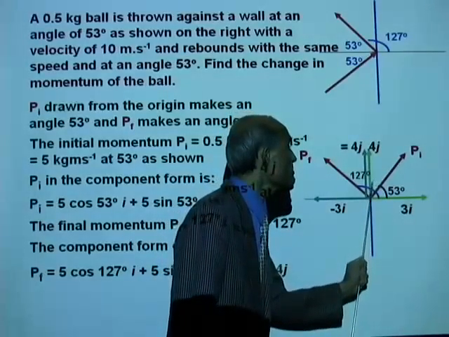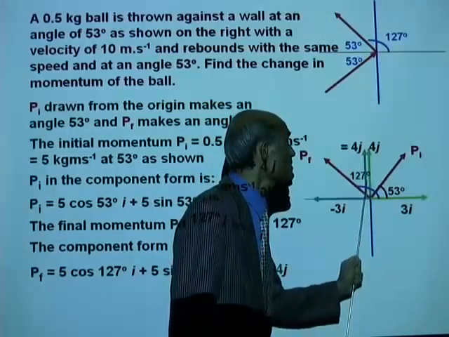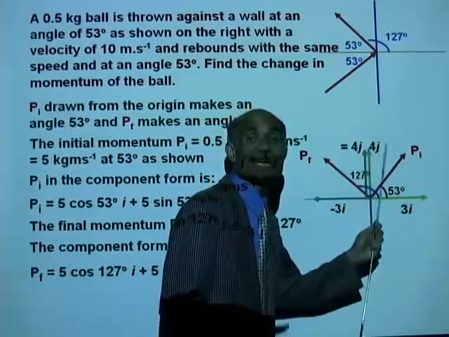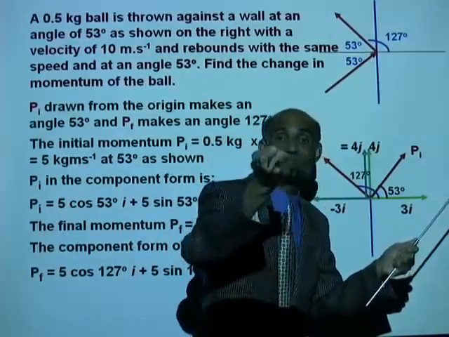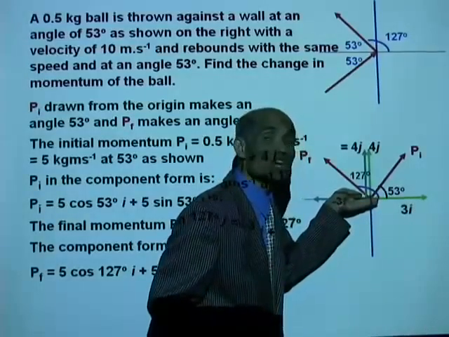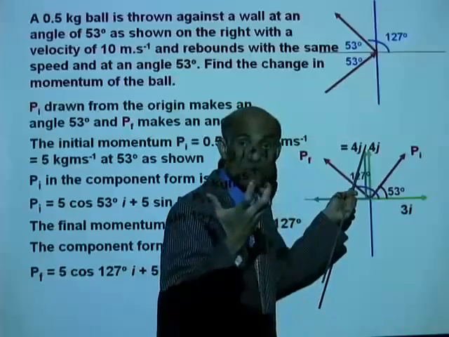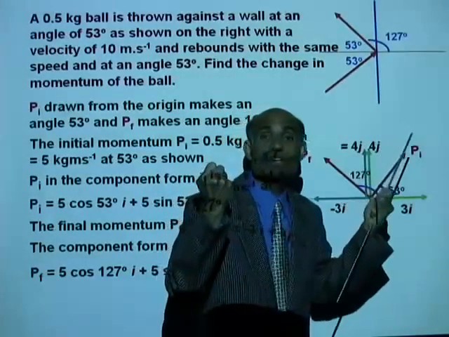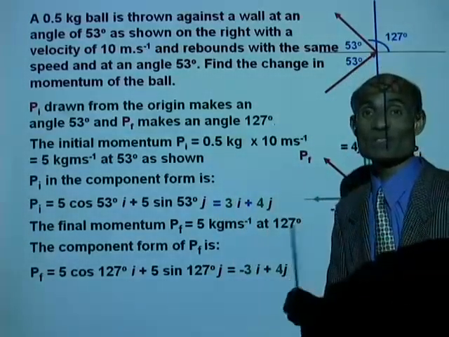Initial y momentum is 4J. The final y momentum also is 4J. There is no change. The change is the final value minus the initial value. You notice that the initial and final momentum along the y direction are the same. Therefore, there is no change in momentum along the y direction.